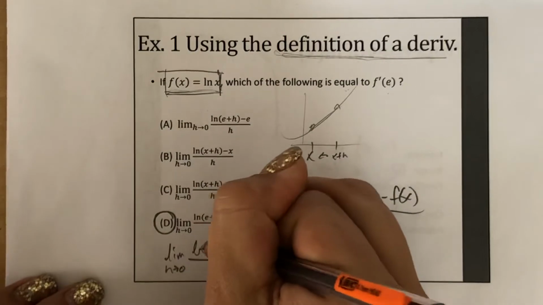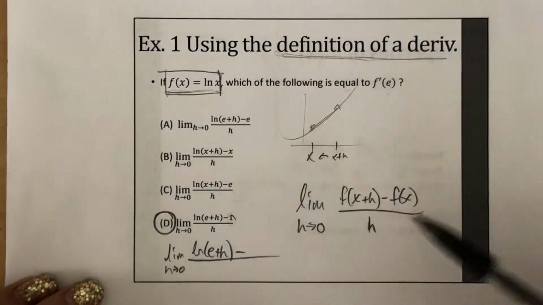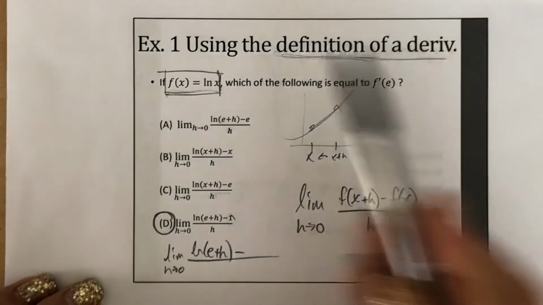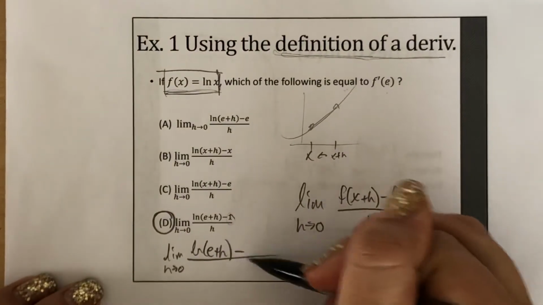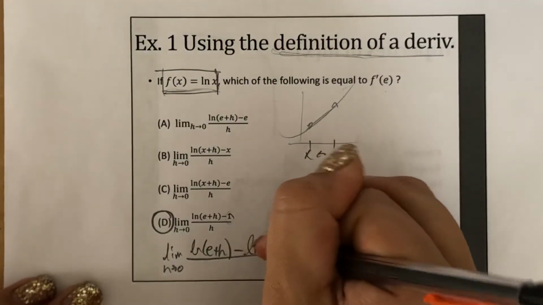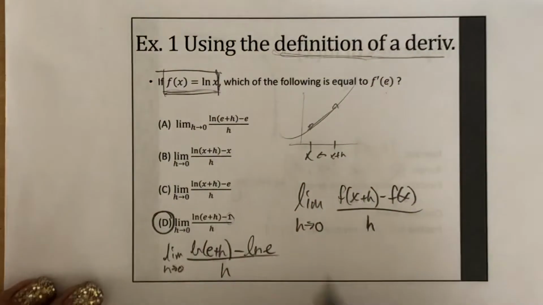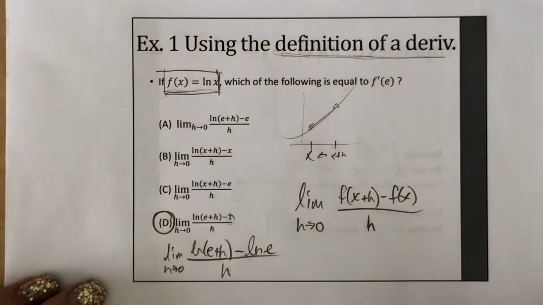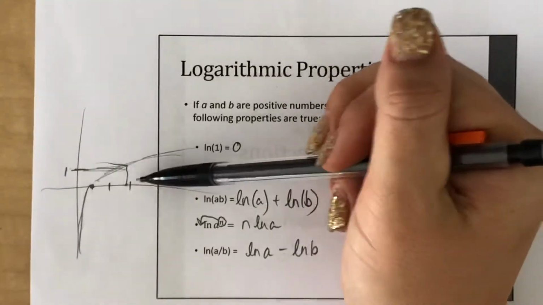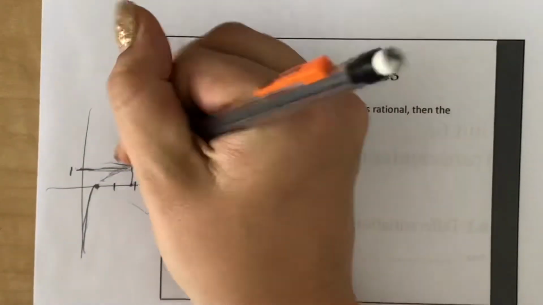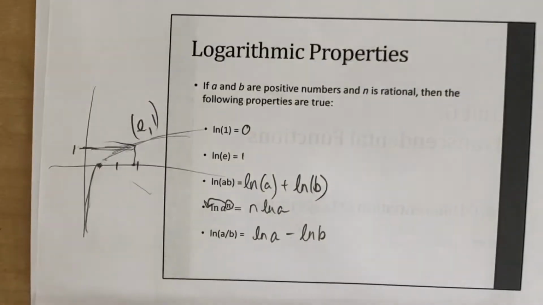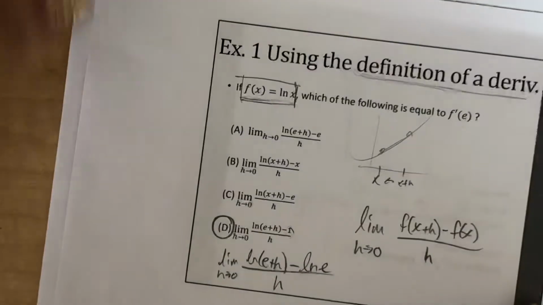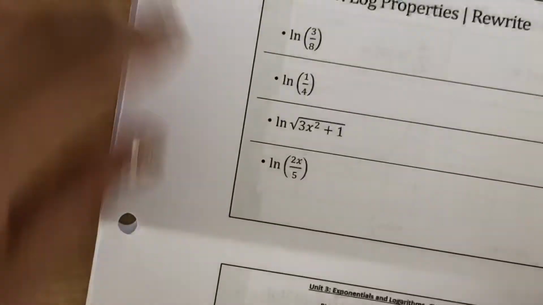So ln of (e plus h) minus ln of e, all over h, and ln of e is 1, as we just talked about up here. Ln of e is 1, like this is the point (e, 1). So that's D.